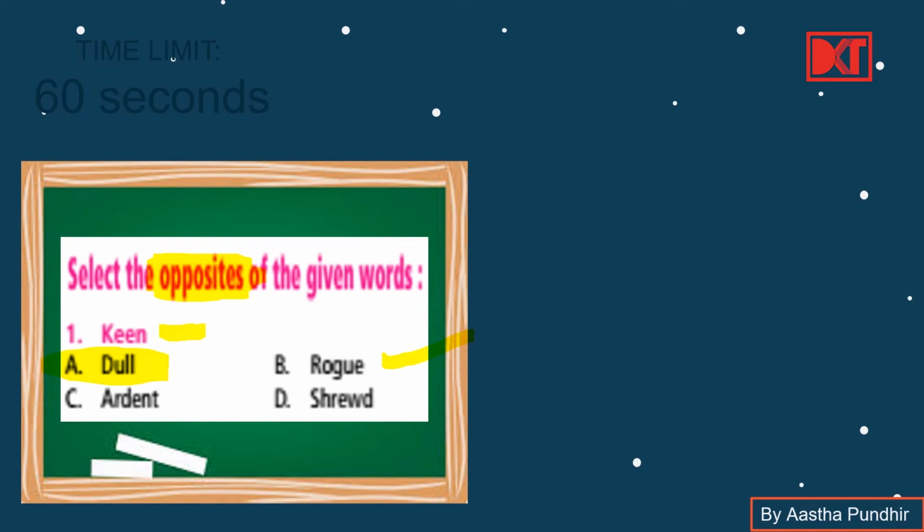And ardent could be someone who's very passionate about something. Alright. Then we have shrewd. Shrewd as an adjective for a person means someone who has very sharp judgment. Okay, clever.